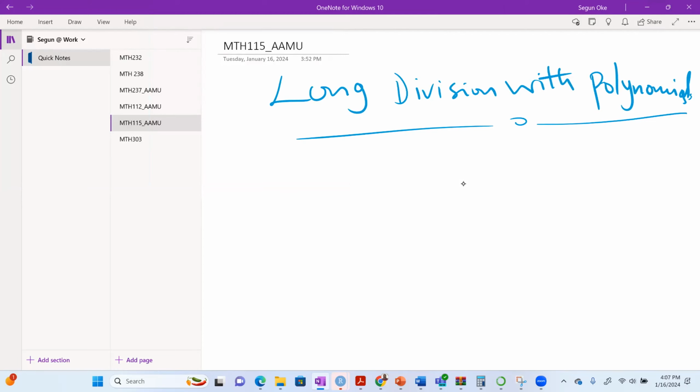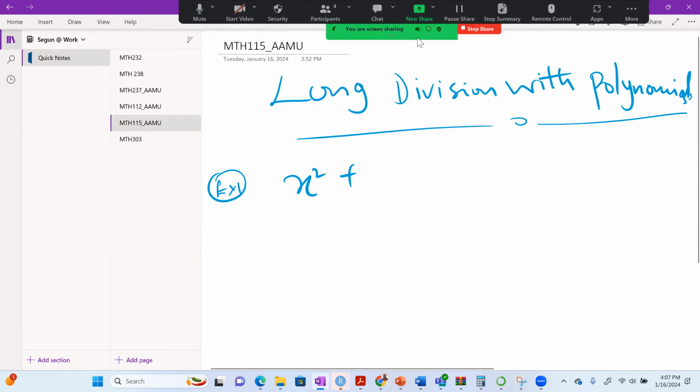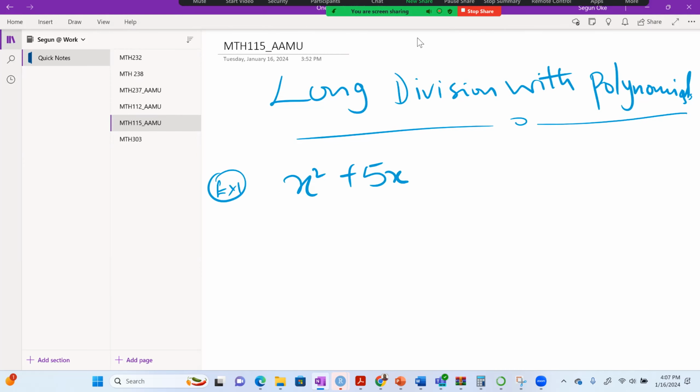So let's look at example one, where you have x squared plus 5x plus 6.